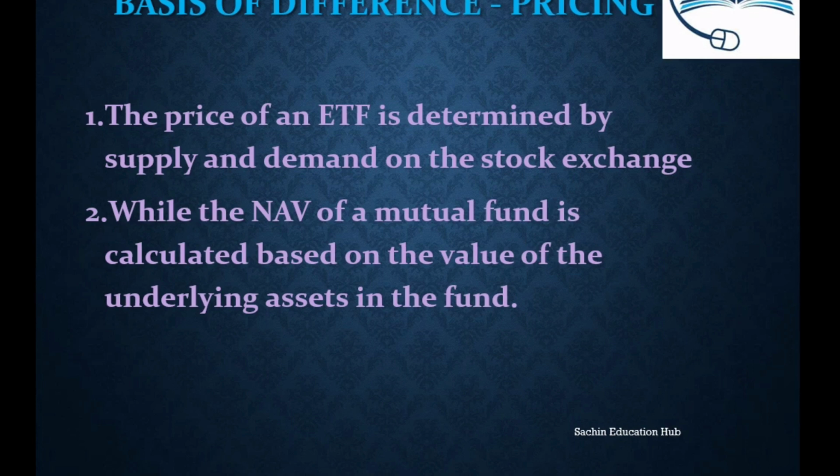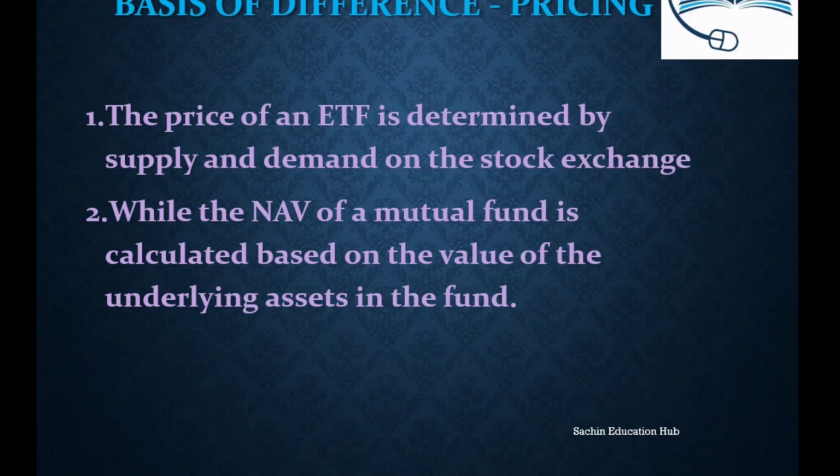Because of these underlying asset values, you determine the NAV, and thereafter the mutual fund is calculated easily. So on the basis of pricing, the NAV of a mutual fund is decided on the basis of underlying assets, and an ETF determines its price on the basis of supply and demand on the stock exchange.